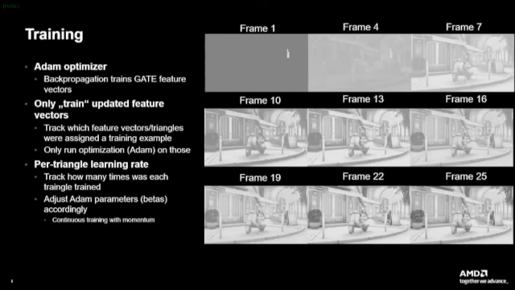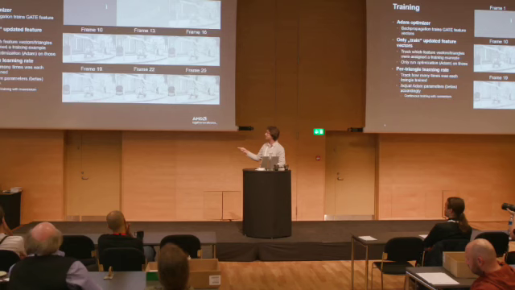With the hash grid, you have to use a global number of training steps, but you're not training all the grid cells all the time. But with our solution, you can track how many times each triangle was trained, and you can apply this properly. So we achieve continuous training with momentum using Adam for each vector.